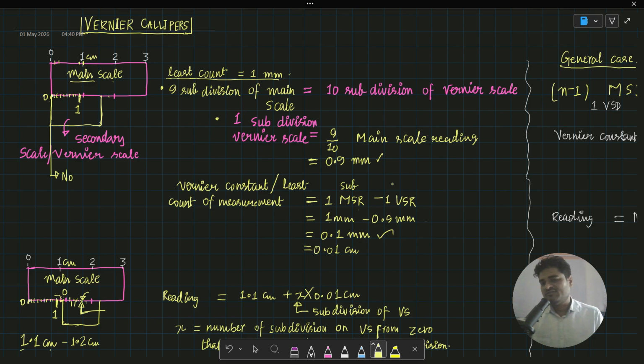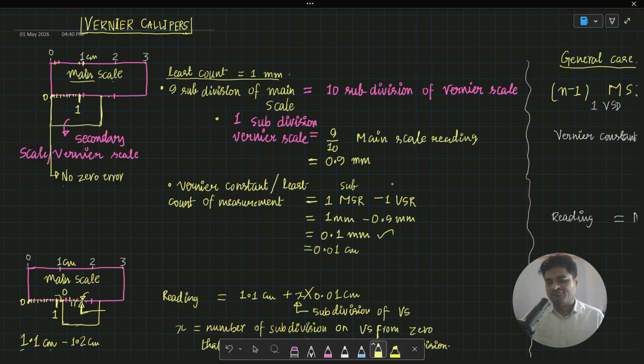So this is the case of no zero error, because when there is no object, the 0 of the main scale and the 0 of the Vernier scale are all matched on a single line. So from this we define a quantity called Vernier constant, or least count of the measurement.